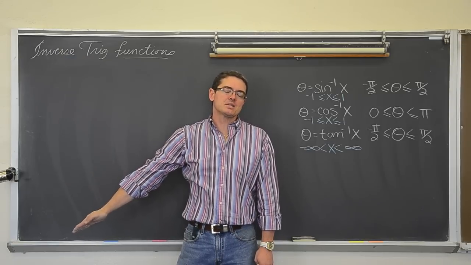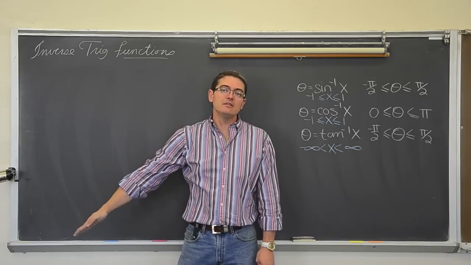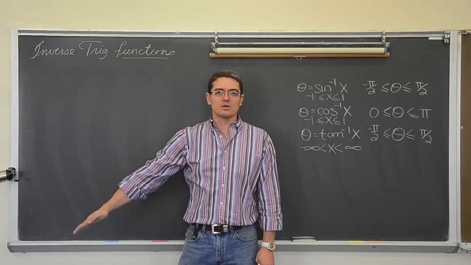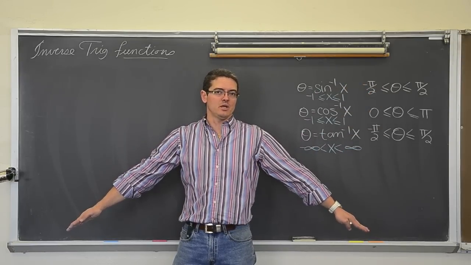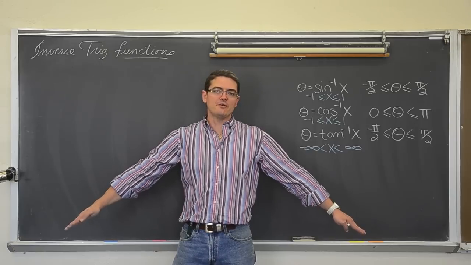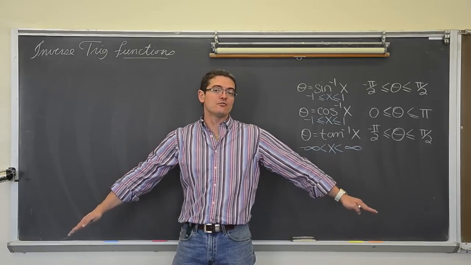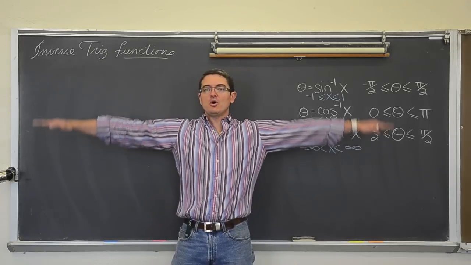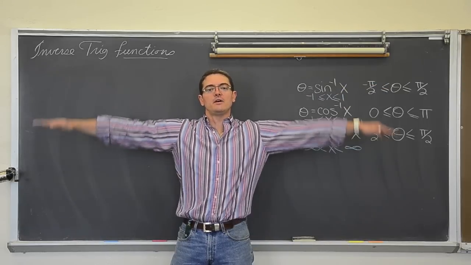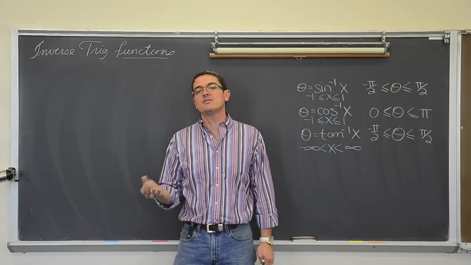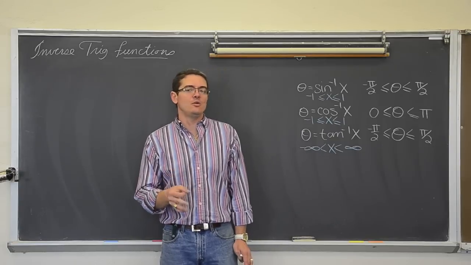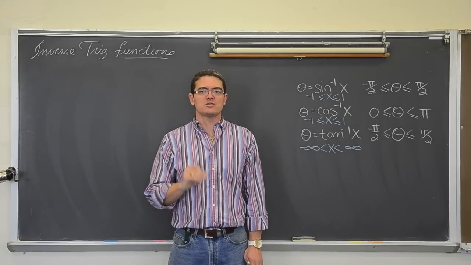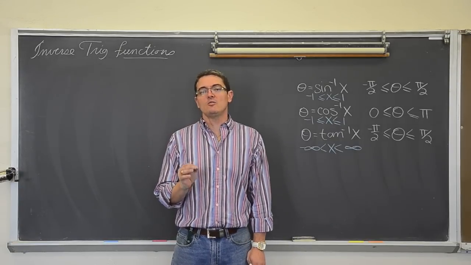If you ask the calculator for the inverse sine of negative square root of 2 over 2, it's going to tell you it's negative 45 degrees. Now, what does 225 have in common with negative 45 degrees? They're both 45 degrees off of the x-axis. They both have the same reference angle. So your calculator may very well give you a usable angle measure, but not necessarily the one that you may be looking for.